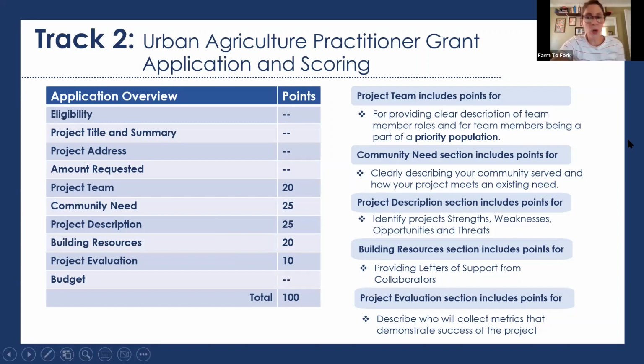So the more clear of a description of the roles that the team member plays is going to be helpful for gaining points, as well as clearly showing the connection of team members to the priority population. So yeah, I would say the more specific and delineated you are in describing each team member, the easier it will be to tally up points for being very clear about those things.